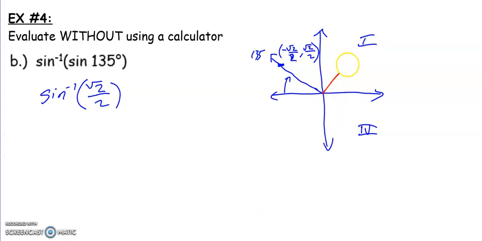That's this line right there, because this gives me radical 2 over 2, radical 2 over 2, and that is at 45 degrees. Why is it not 135? Because I had to remember my arcsine is in quadrants 4 and 1 only.